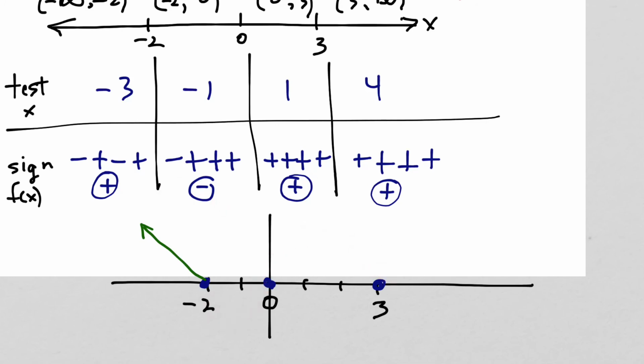So it's going to do something like below, above. All right, and then my last interval, between 3 and infinity, is positive. So that must mean it doesn't dip down below at all. It must bounce off there and stay positive for the rest of the way to infinity.